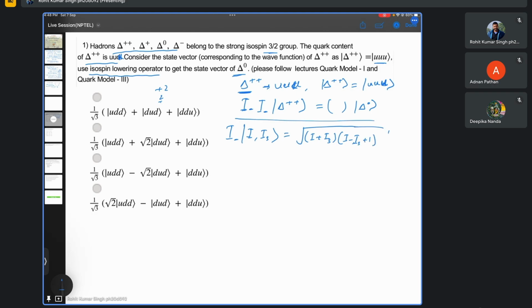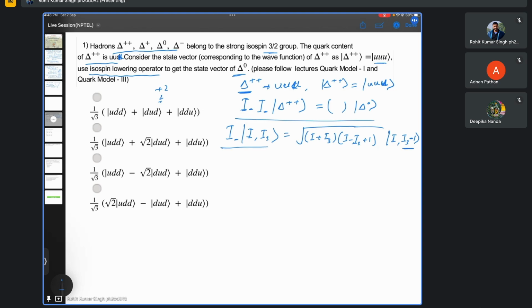Okay, and here you have I, and this third component of isospin is getting reduced by 1. So this is what lowering means. You are going from one state of the quartet to another, applying this lowering operator.